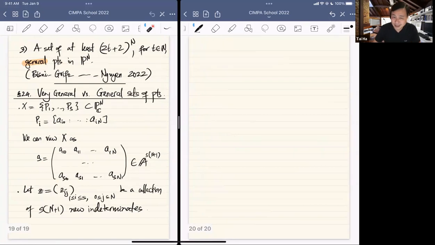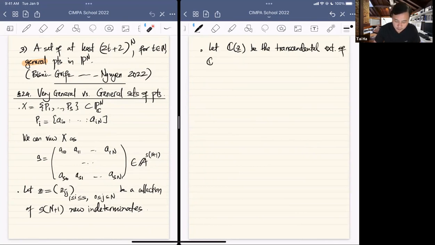And then I'm going to extend the complex numbers by these new variables. So let C(Z) be the transcendental extension of C by the Zij.